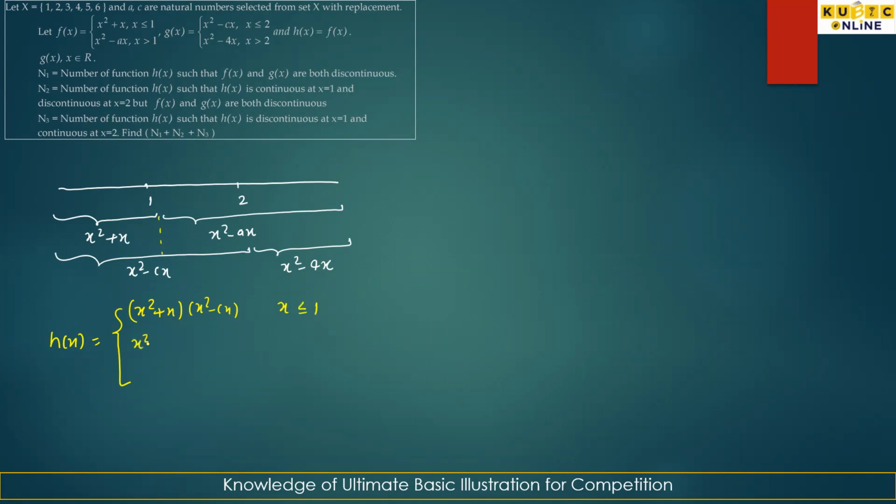Then we get (x² − cx)(x² − ax) for x between 1 and 2. Then (x² − 4x)(x² − ax) is defined for x greater than or equal to 2, right?